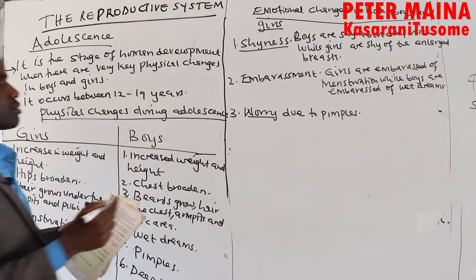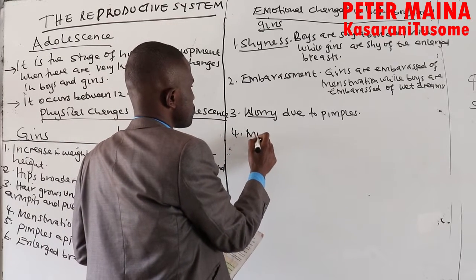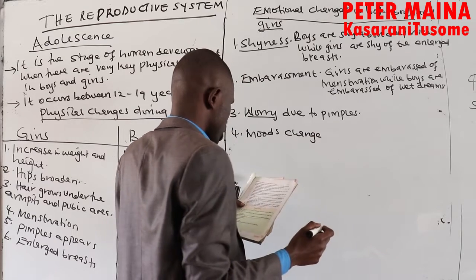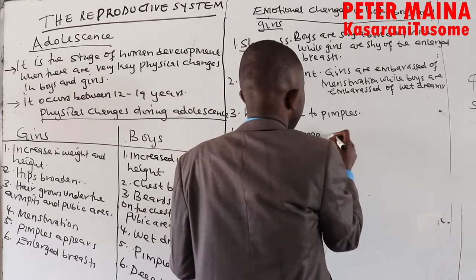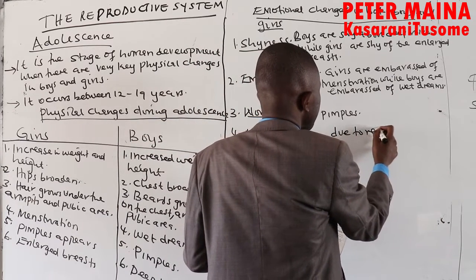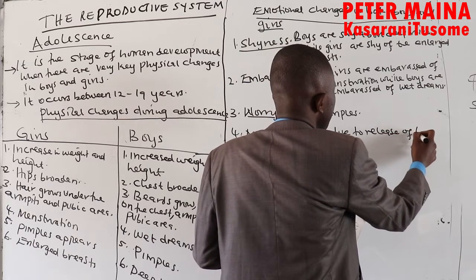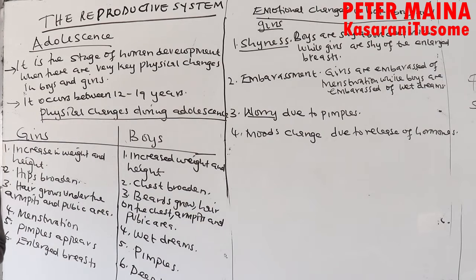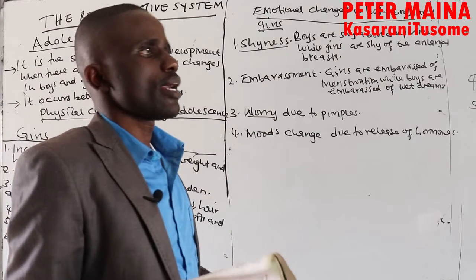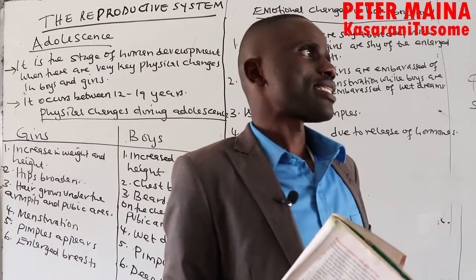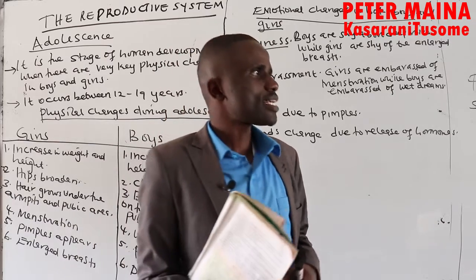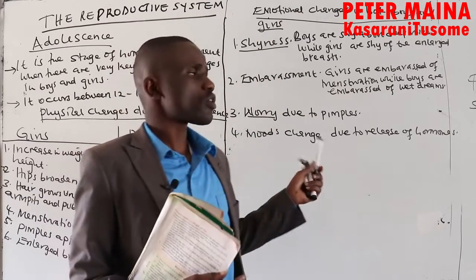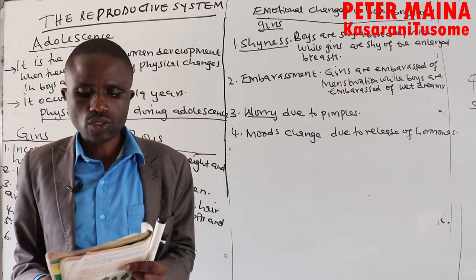So moods change due to hormonal changes, due to release of hormones. So those are the emotional changes: there is shyness, there is embarrassment, there is worry, and there is also mood change.